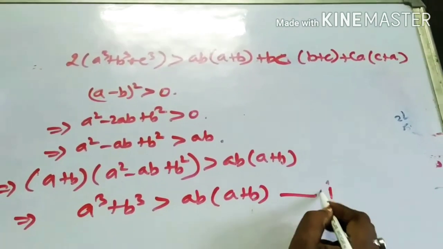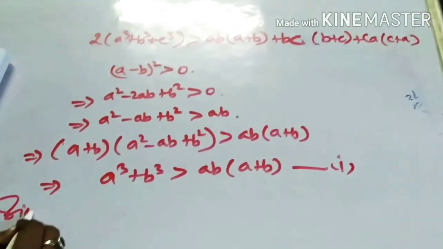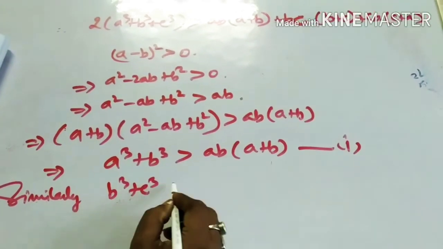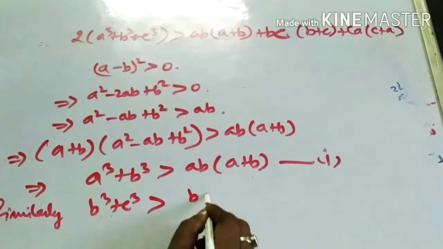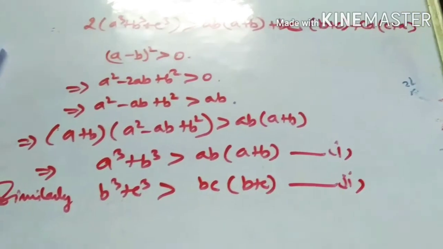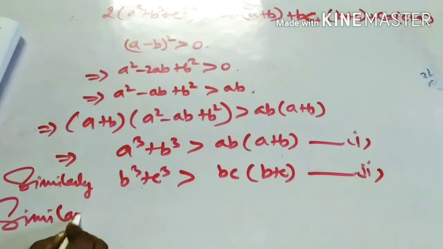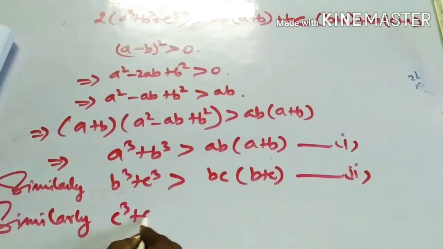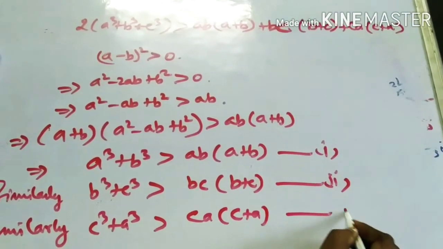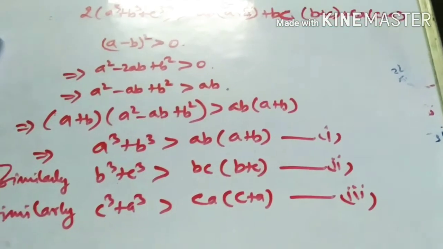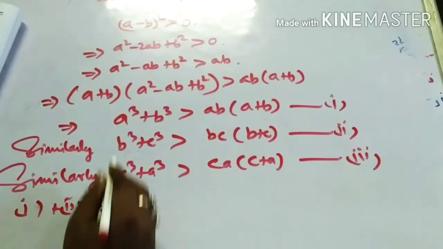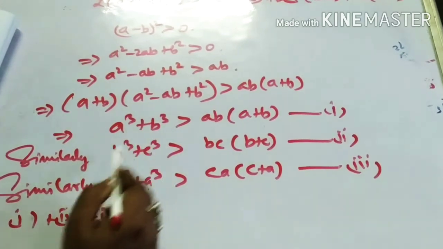This is equation 1. Similarly, I can write B cube plus C cube greater than BC(B plus C), equation 2. Similarly, I can write C cube plus A cube greater than CA(C plus A), equation 3. So 1 plus 2 plus 3, this becomes 2A cube, 2B cube, 2C cube.